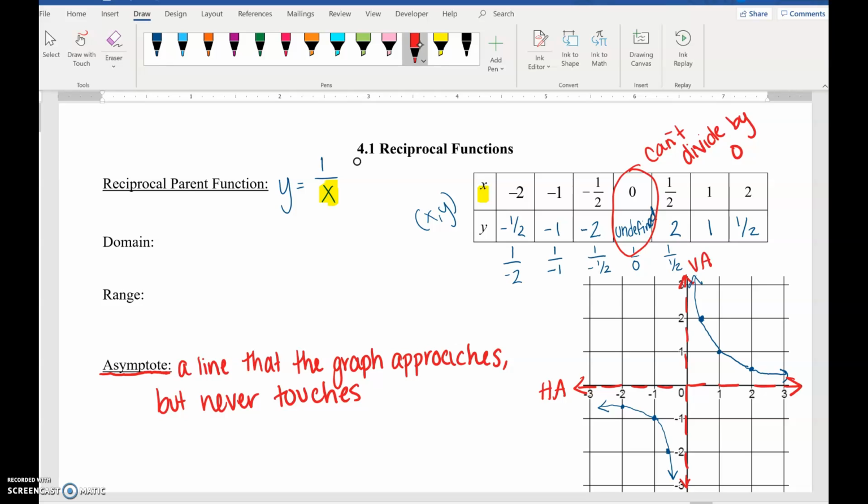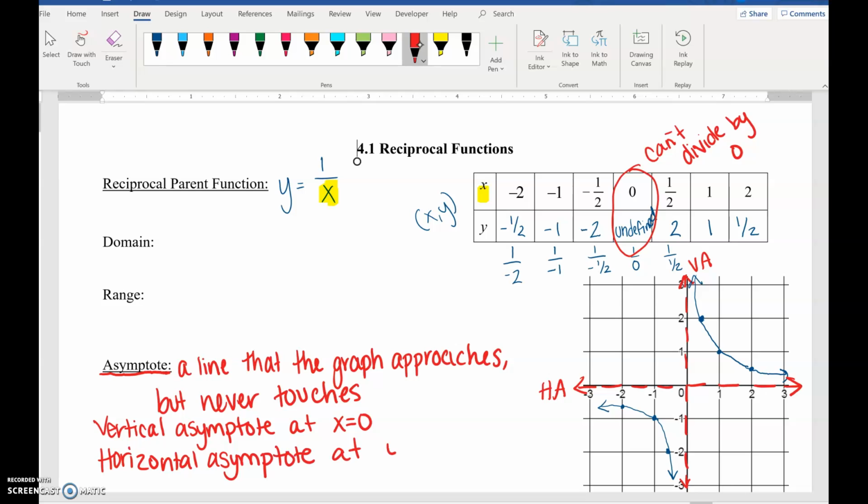Again, because vertical is up and down, so we had a vertical asymptote at x equals 0. And then we had a horizontal one at y equals 0. So we actually had 2.